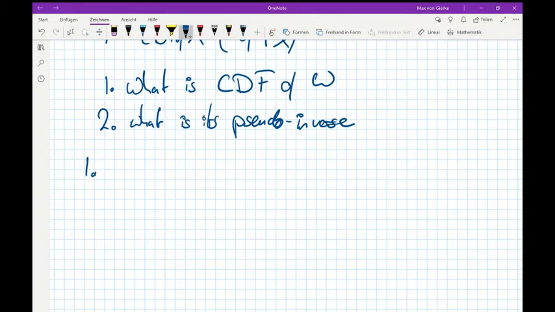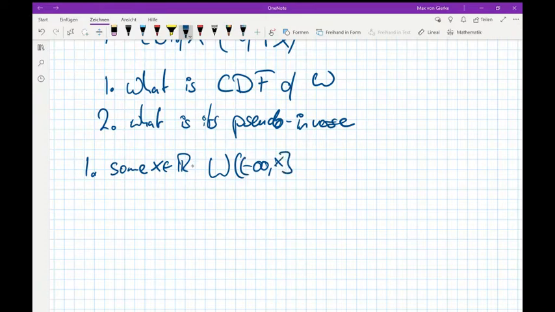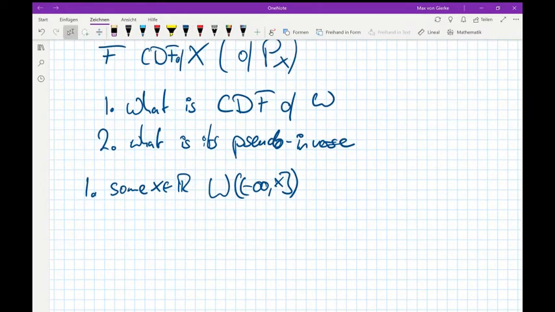Starting with 1, well, we just look at some x in R and W of (minus infinity, x]. So we want to compute this because this is the CDF of W. Let's call it G.